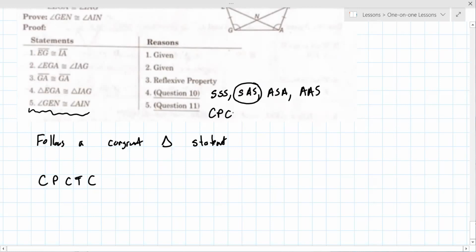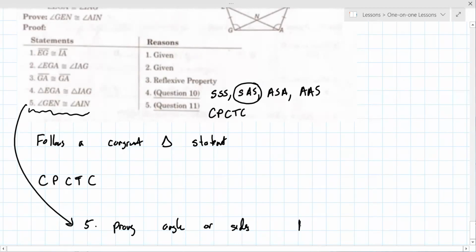Yeah, I have. Okay. And it almost always follows. I don't want to trivialize this too much, but if you prove the triangles are congruent and then you prove this step 5, you could be proving angles or sides, and it's always CPCTC. It always follows this congruent step.